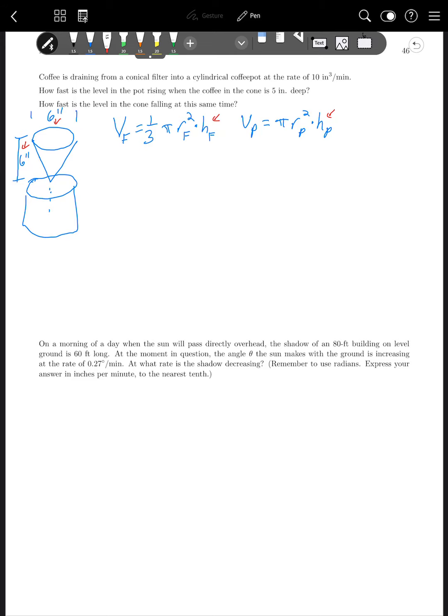So the ratio of the height of the filter to the diameter of the filter is equal, and the radius is half the diameter. So H sub F is the same as R sub F over 2. The easier way to say that is 2H sub F equals R sub F. And that allows us to get rid of the variable R sub F, so we're down one variable because we care about the level, which is the height.